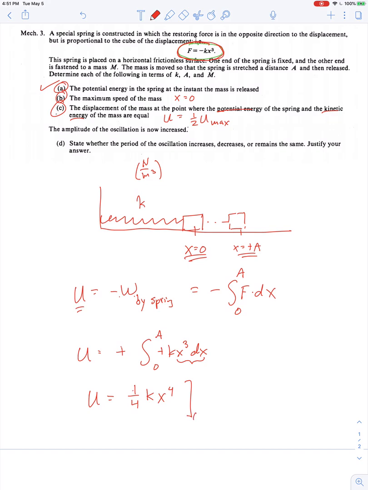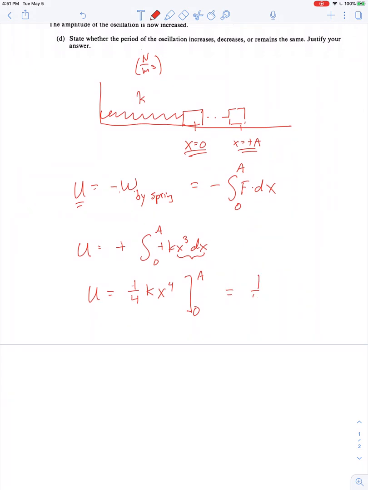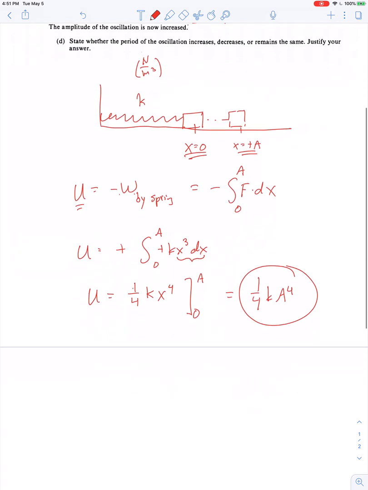We evaluate this from 0 to A to give us 1/4 k A to the 4th. There's our answer to the first question, the potential energy in the spring at the instant the mass is released. Let's figure out the maximum speed, and we'll get our answer to part B based on the law of conservation of energy.